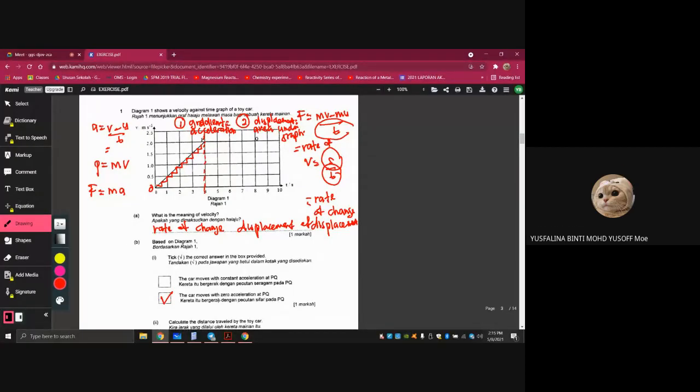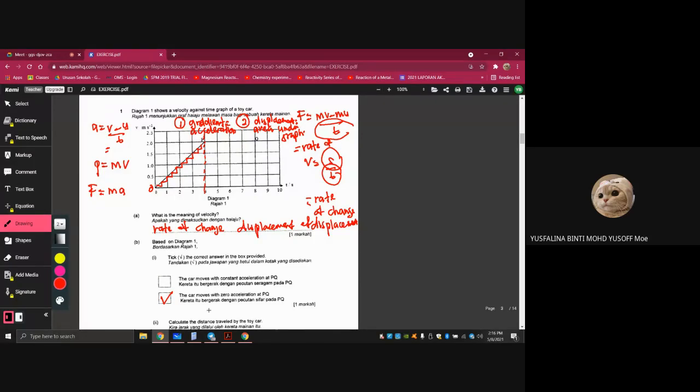Try to find the value of the acceleration from O to P. 0.5. Okay, there are two ways: you straight away use the acceleration formula, v minus u divided by t, or you use the gradient formula. I will show you both ways.